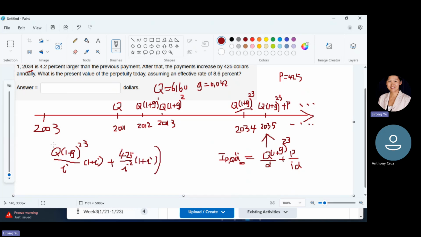This has to be discounted to current time, so you multiply that by 1 plus i to the power negative 32. So that's the perpetuity done.